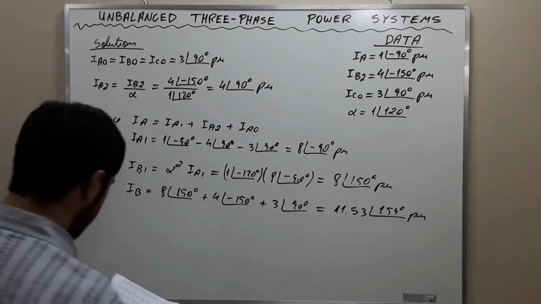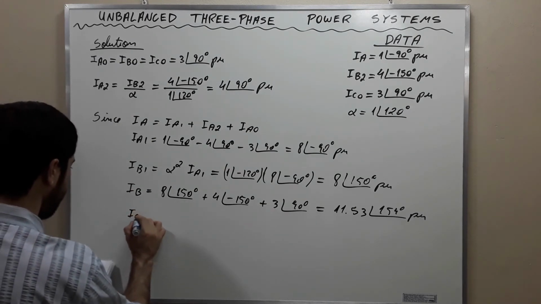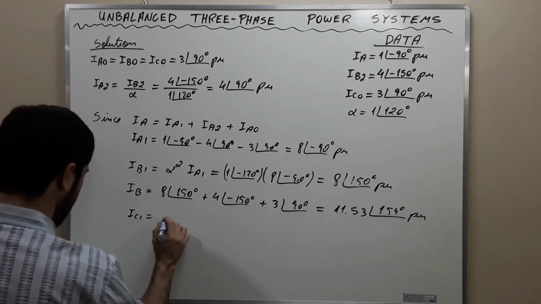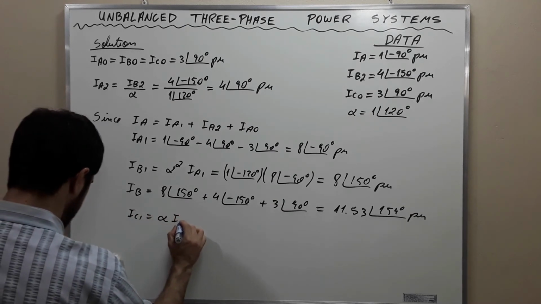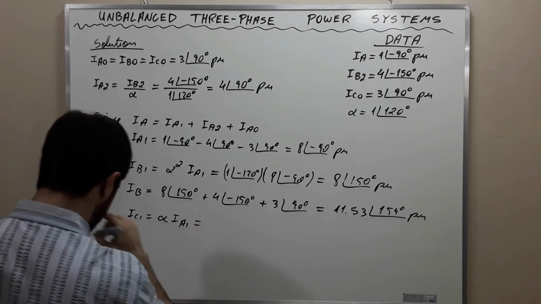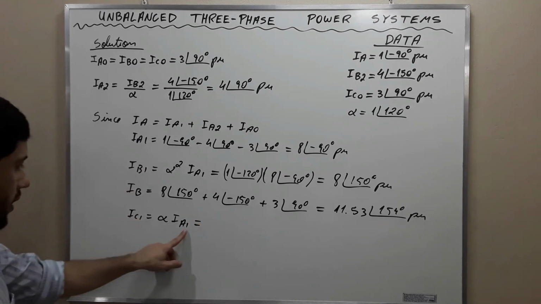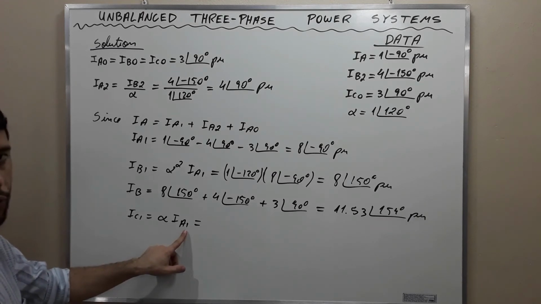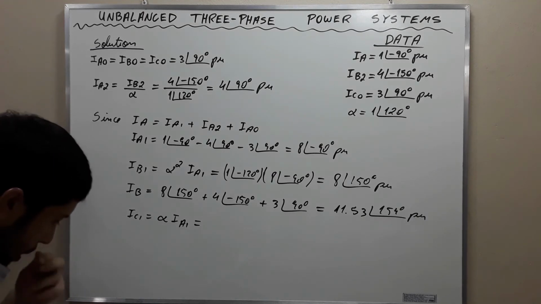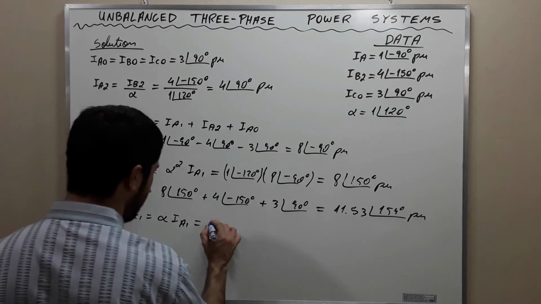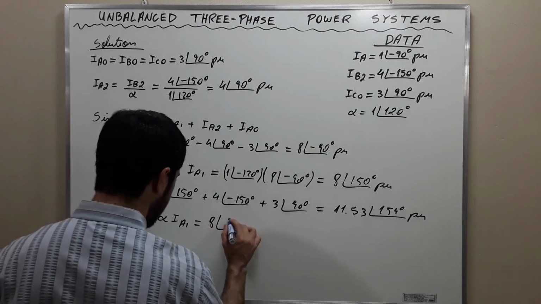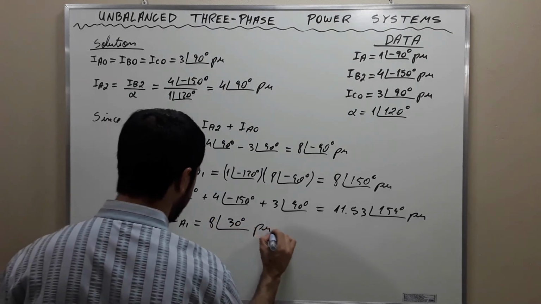Similarly, for conductor C, IC1 is going to be alpha times IA1. IC1 leads IA1 by 120 degrees, and then we find the value of 8 phase 30 degrees per unit.